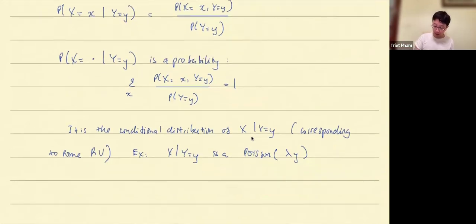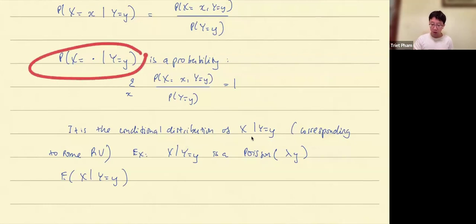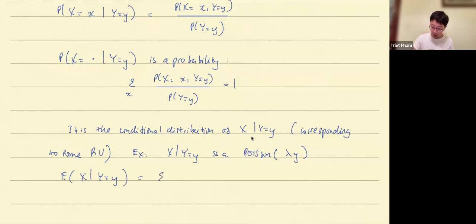Well, being a distribution, it will also have things like expectation and variances. We can also talk about expectation of x given y equals little y, and we talked about it last time. It basically just follows the same rule as expectation, but using this as our probability instead of the original probability x equals little x. In other words, it's just the sum over values of x of little x times probability x equals little x given y equals little y.